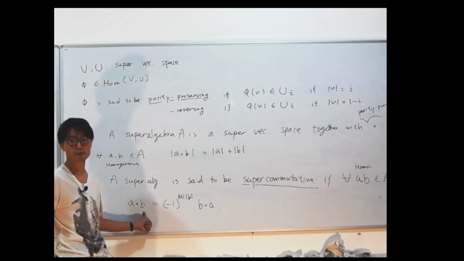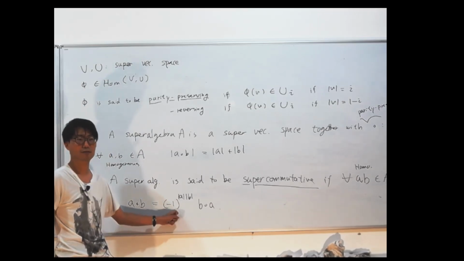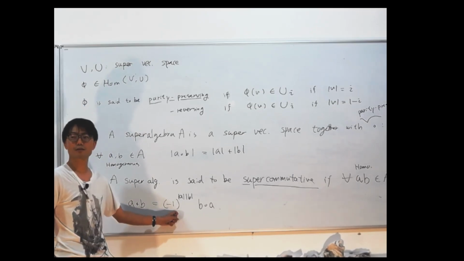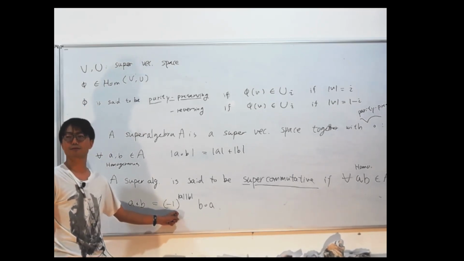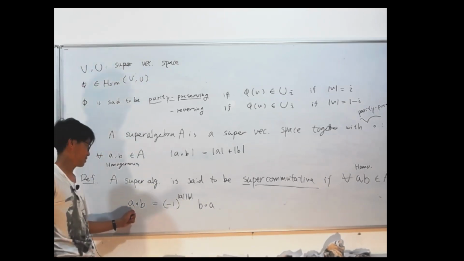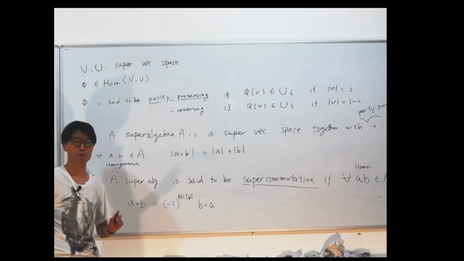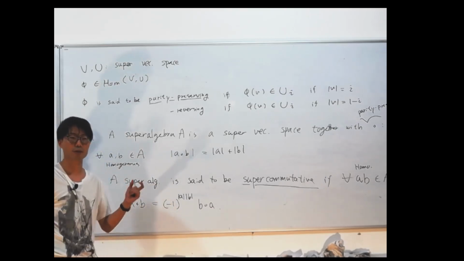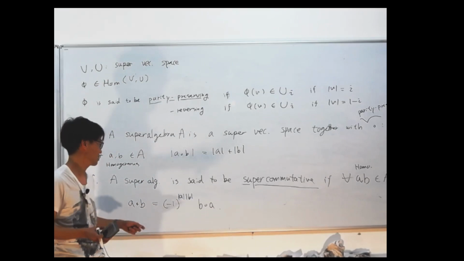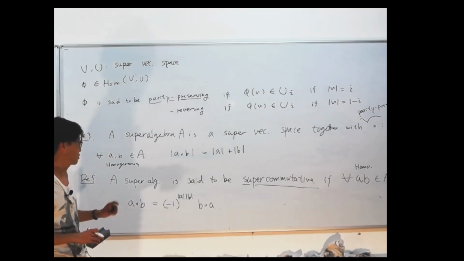If it's bosonic and fermionic, what is the sign? Plus or minus? Okay, it's plus. Because sometimes people get confused. If it's bosonic and fermionic, because parity is different, you might think they anticommute.